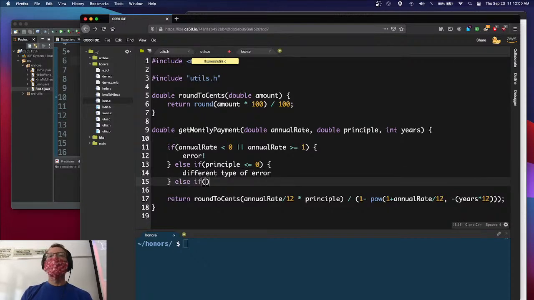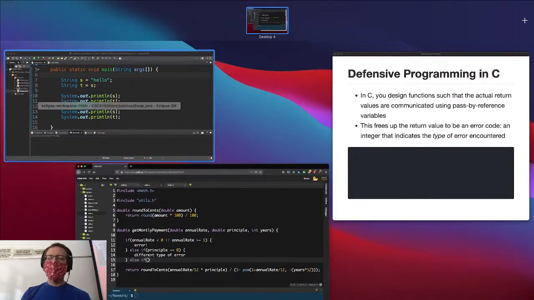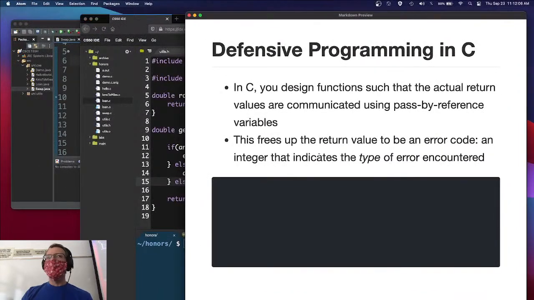Else if, what's wrong with the years? I don't have the formula here, but remember that we raise it to the negative years, right? And it's 1 minus this thing. Well, if I raise it to the 0, this becomes 1, and in the denominator, I've got 1 minus 1. What would I end up doing in the denominator?